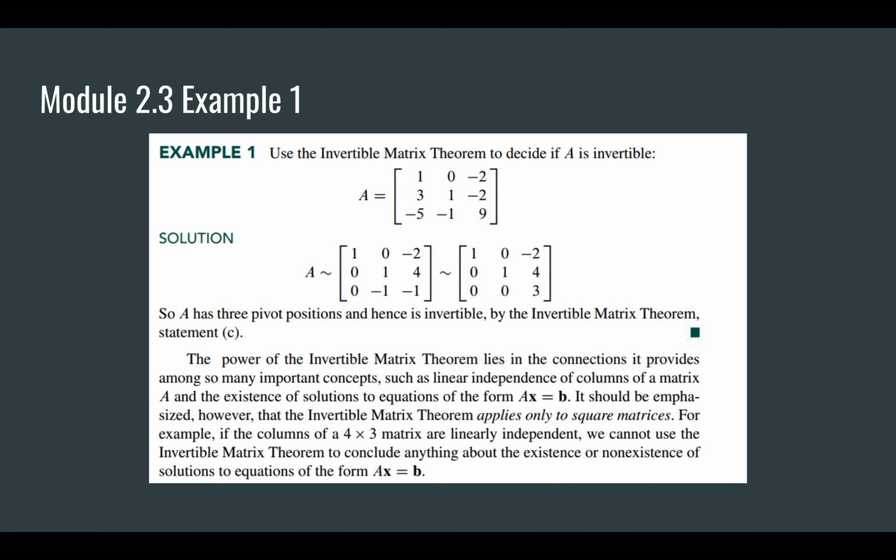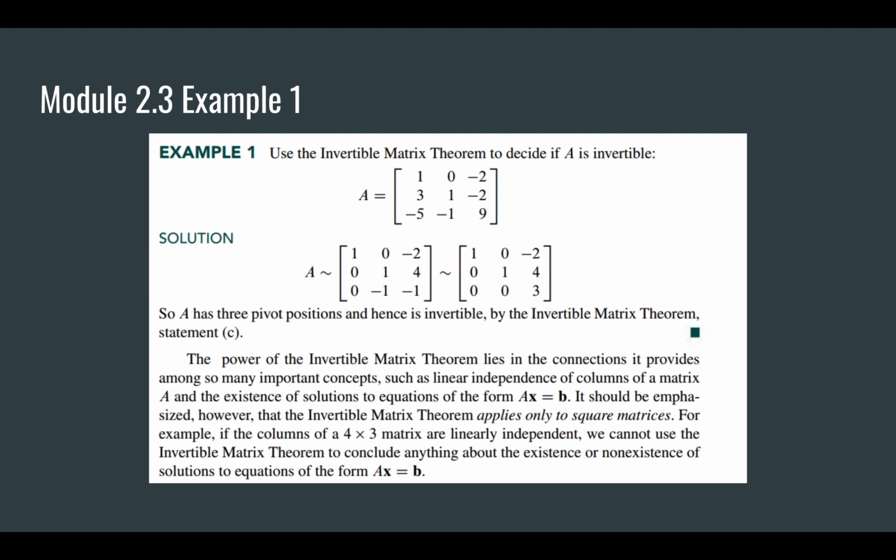So we'll go through a basic example from Module 2.3, which says use the invertible matrix theorem to decide if A is invertible, A being the matrix 1, 0, negative 2, 3, 1, negative 2, negative 5, negative 1, 9.